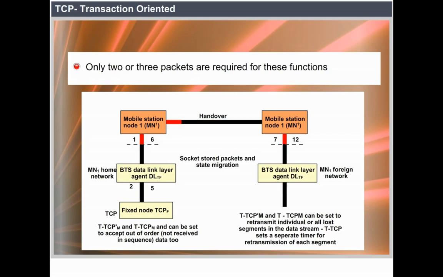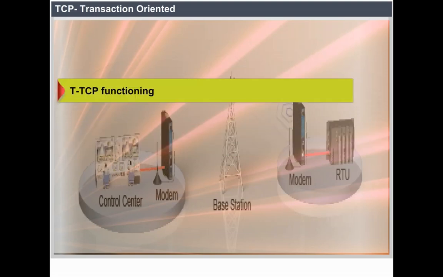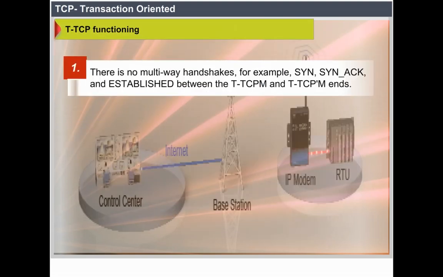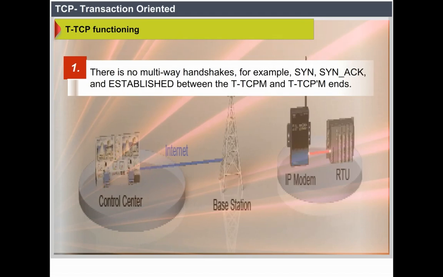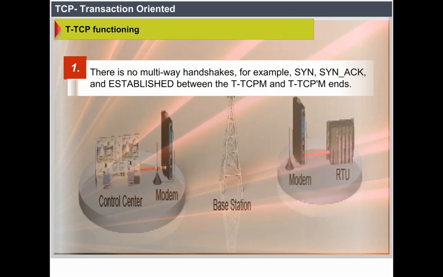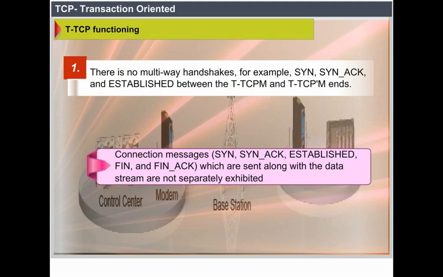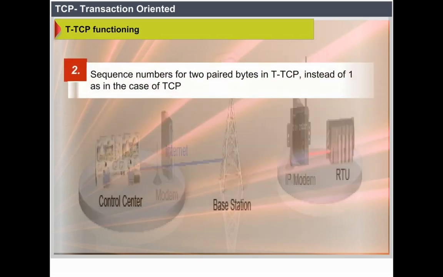The figure shows the transaction-oriented protocol function, TTCP functioning. There are no multi-way handshakes, for example, SYN, SYN_ACK, and established, between the TTCP-M and TTCP-M ends. Connection messages SYN, SYN_ACK, established, FIN and FIN_ACK are sent along with the data stream and not separately.